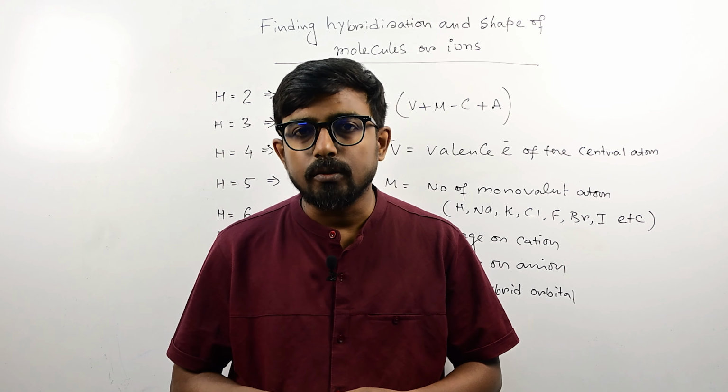Next one is XeF2. So Xe has 8 valence electrons, so the formula is H equals valence electron 8 plus the number of monovalent atoms 2, so H will be equal to 5, so Xe 1, 2, 3, 4, 5.